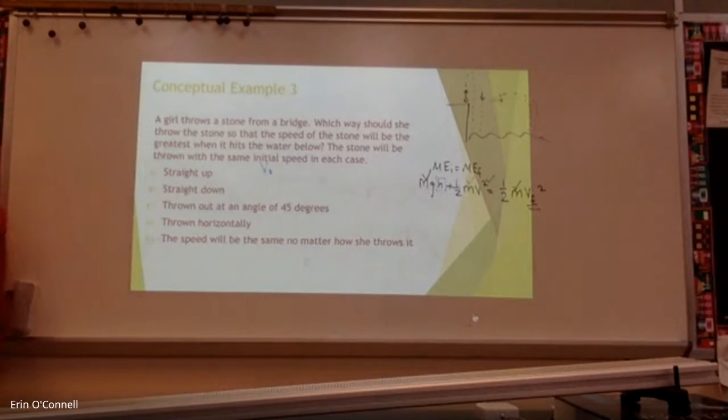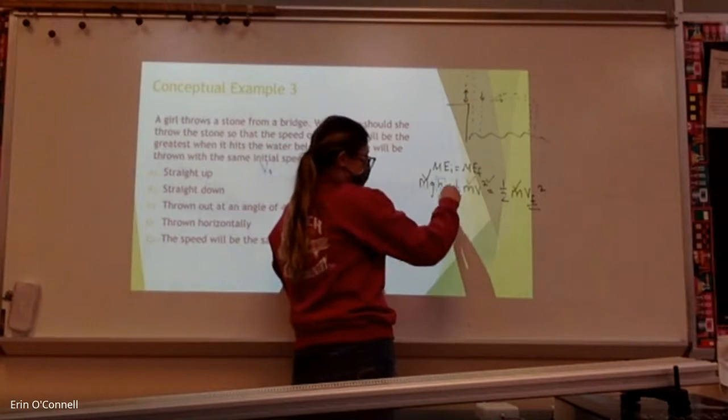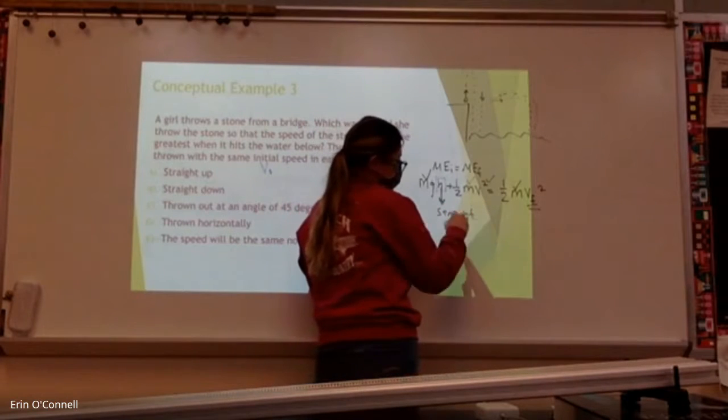What can we say about the initial height in which the object is released? I thought it was the same. I assumed it meant when it comes out of the girl's hand. Yeah, so initially, when it's launched, it has the same height. Launched from the same height.